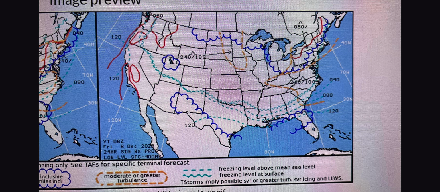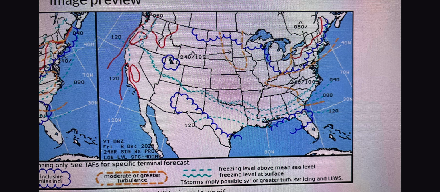The freezing levels above the mean sea level swoop down through the middle of Texas, through the southern states more, so there is a break up there.